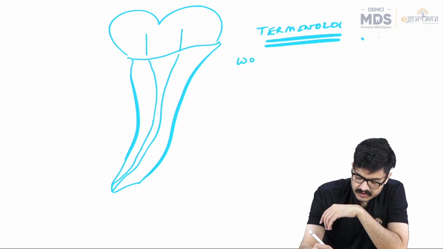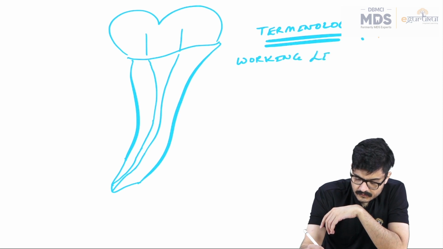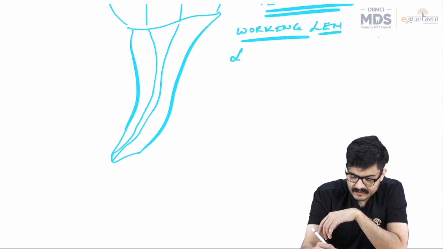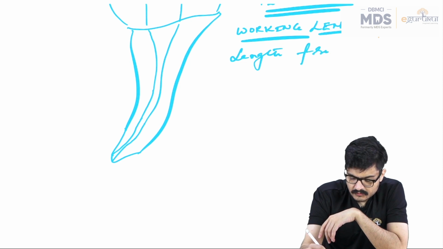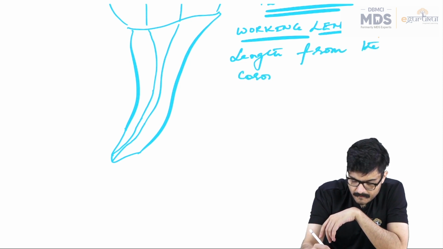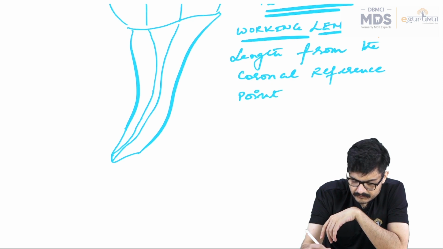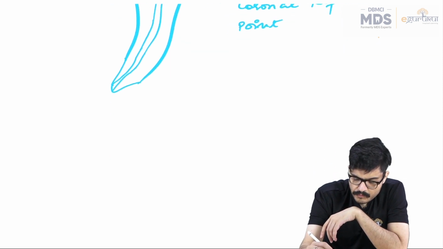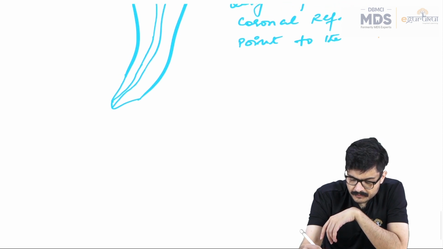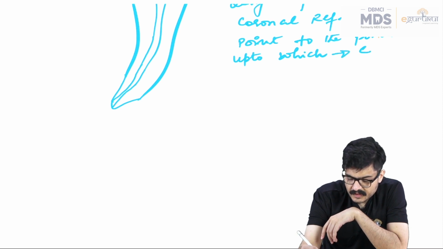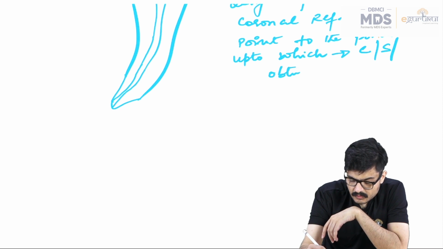So working length determination, or the working length definition, is that length from the coronal reference point to the point up to which the cleaning, shaping and obturation shall be done.